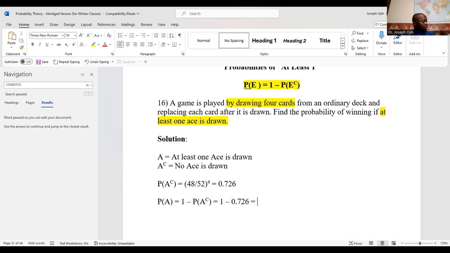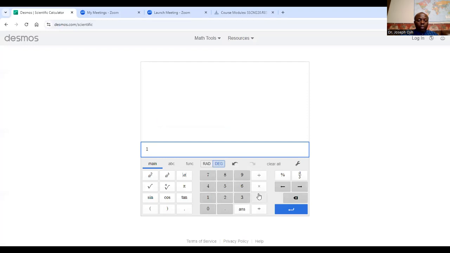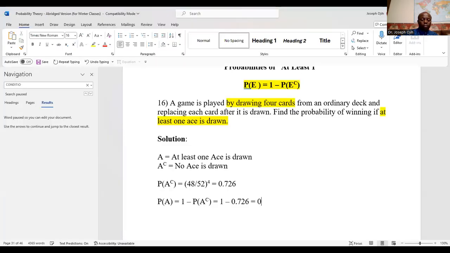I'm going to write this down so we can subtract it. 1 minus 0.726 gives 0.274. Or there is a 27.4% chance of winning the game.